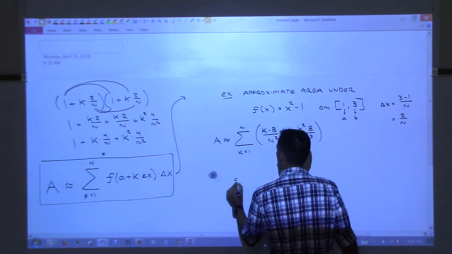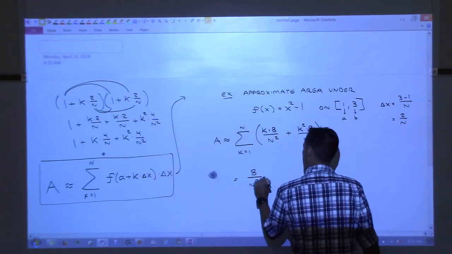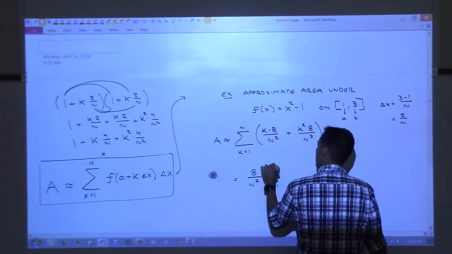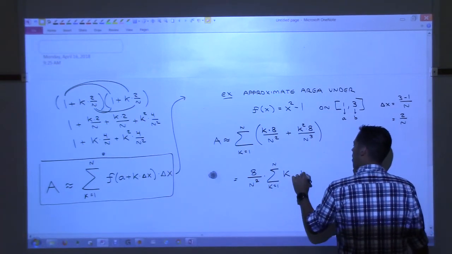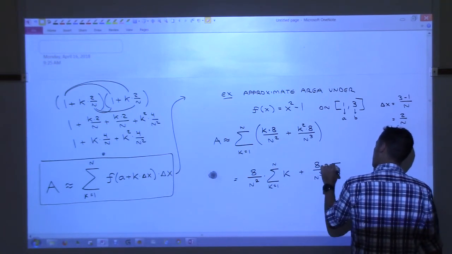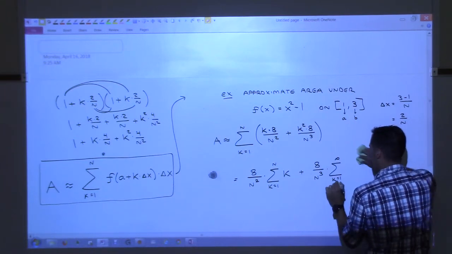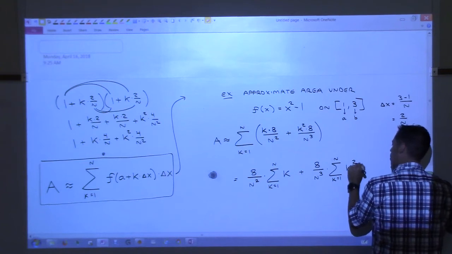So this is equal to 8 over n squared times sum k equals 1 to n of k, and then plus 8 over n cubed times sum k equals 1 to n, not 1 to infinity, 1 to n of k squared.